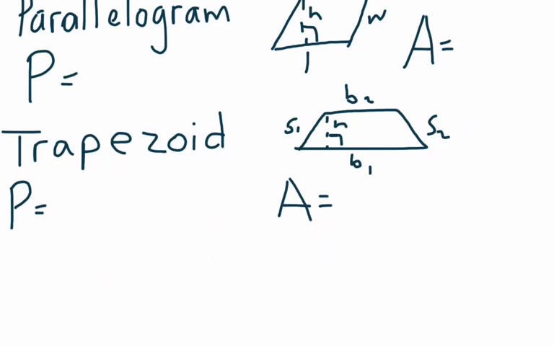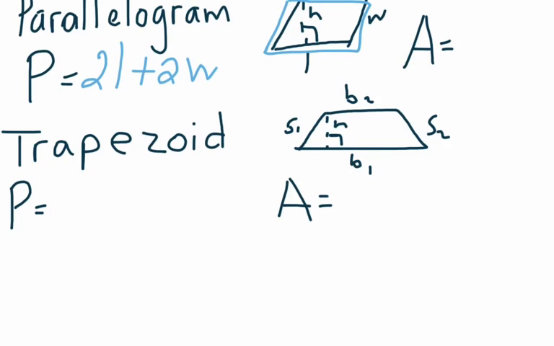Okay? All right, next we're going to look at a parallelogram. We have indicated in there a length and a width as well as a height. A parallelogram is a shape that has two sets of parallel sides. To find the perimeter, it is the same as a rectangle, where you are going to do 2 times the length plus 2 times the width, because you're just locating the outside of the shape.